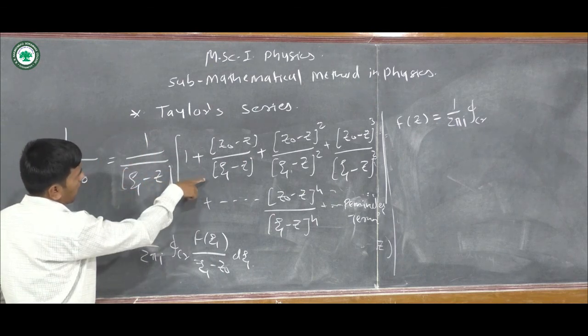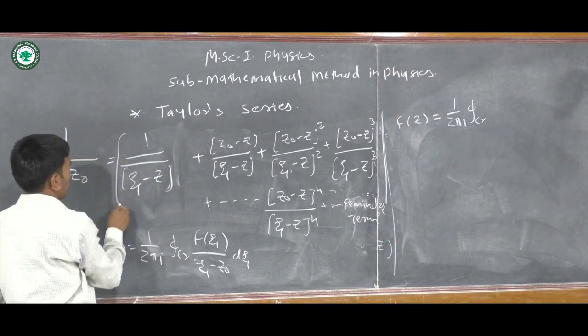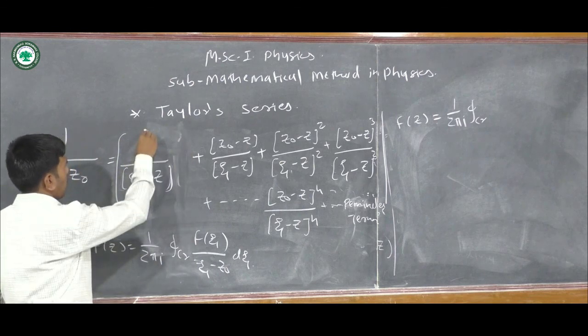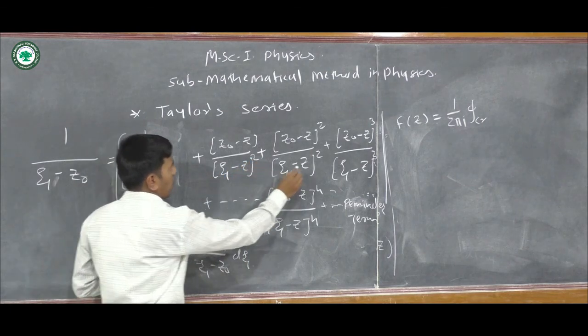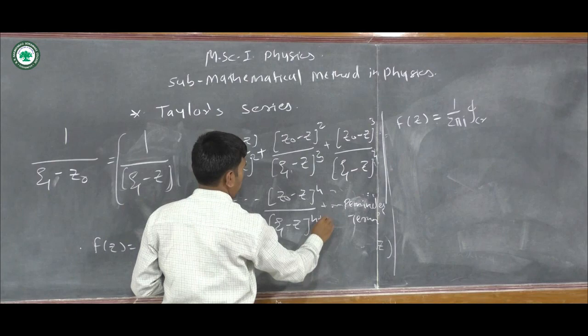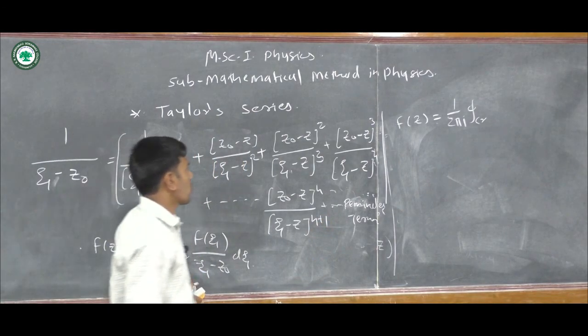Okay, if I multiply, it becomes like this: 1 divided by psi minus z plus, here is a square, here is a cube, here is a power 4, and here is n plus 1. Okay, so now these things I put into this equation.